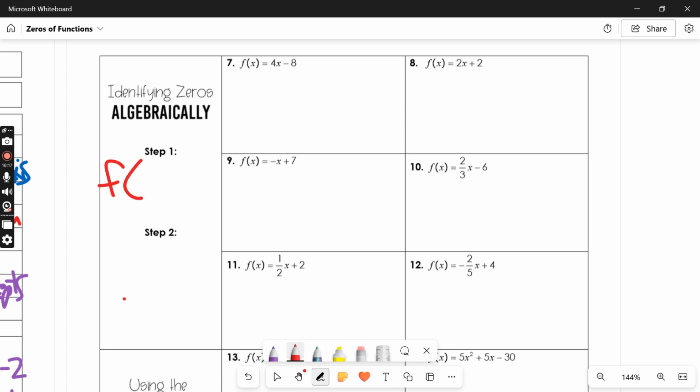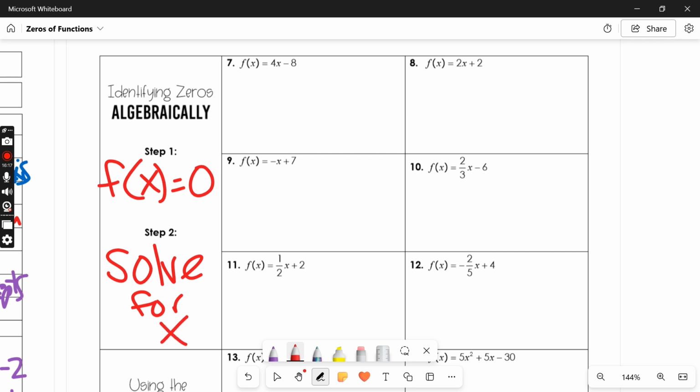You could say f of x equals 0, or you can write out in words "set equal to 0," and that's fine either way. And then step 2, solve for x.